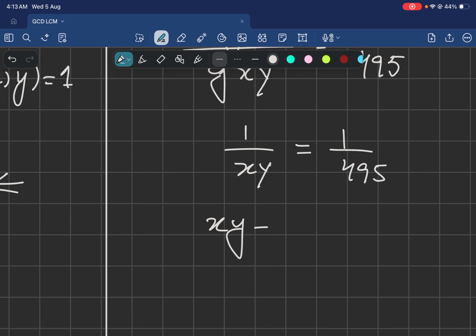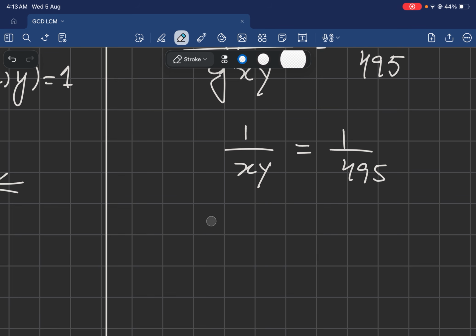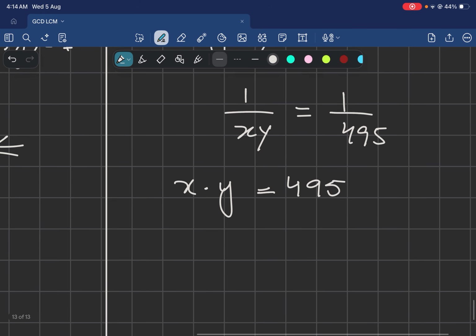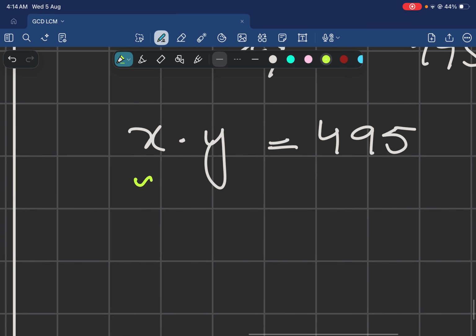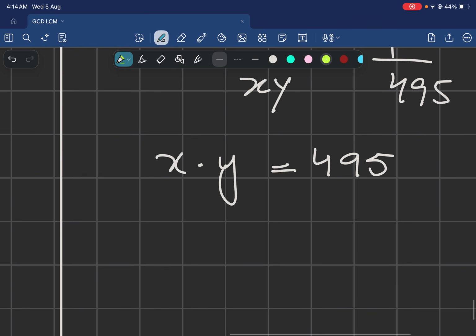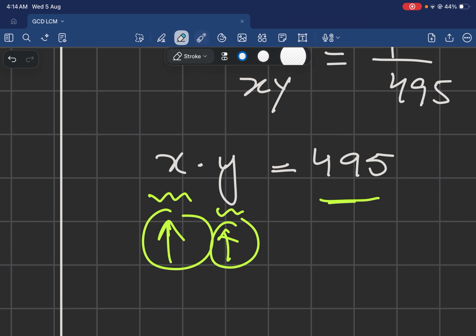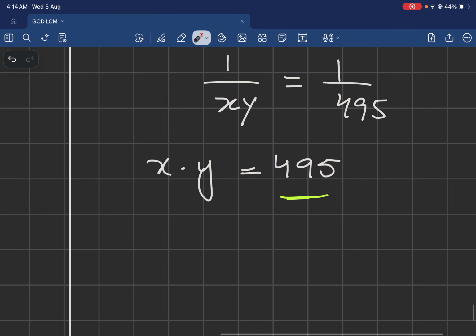And then you have to cross multiply, and then you will get X multiplied with Y equal to 495. So you do know that these both are co-prime numbers, which means whatever numbers you choose to equal this 495, these must be co-prime to each other, right?